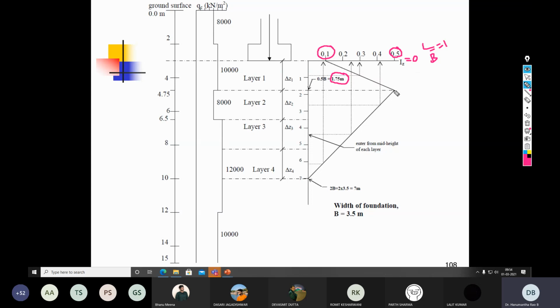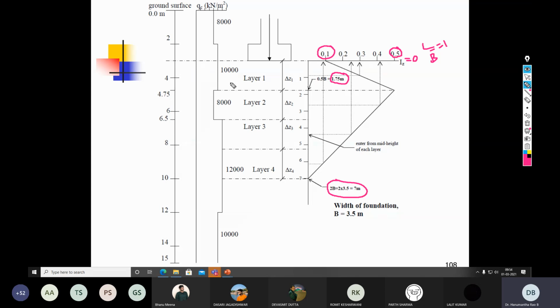From the peak value, the strain influence decreases continually and reaches 0 at a depth of 2 times B, that is 7 meter. So this completes step 1, the construction of the strain influence diagram.